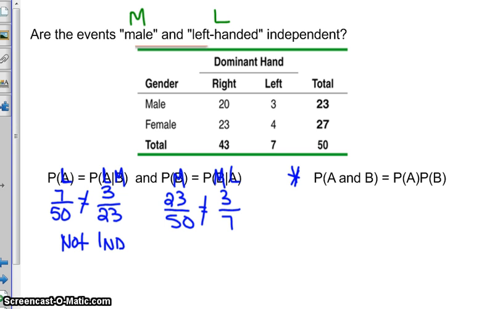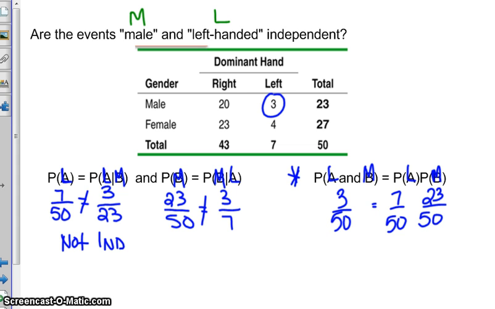It's the probability that both occur, so the probability that they are left-handed and male, which is 3 out of 50. Is that equal to the probability they're left-handed, which is 7 out of 50, times the probability that they are male, which is 23 out of 50? Again, it would not be equal, so not independent.